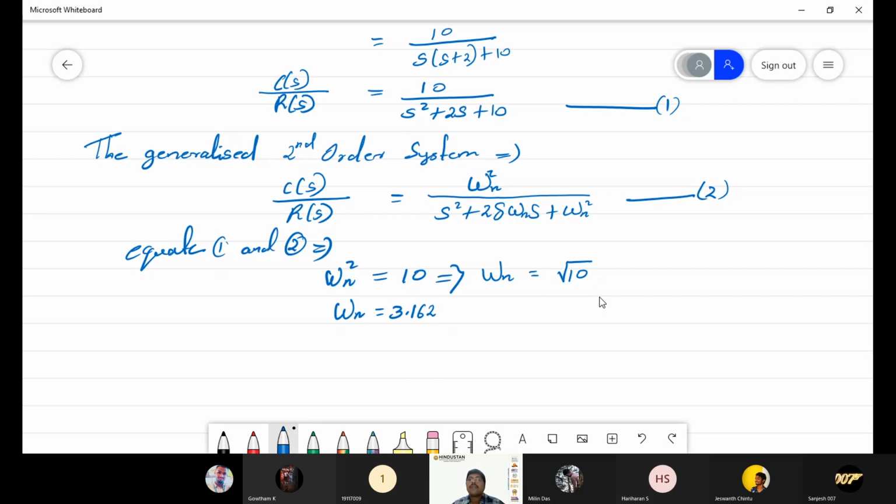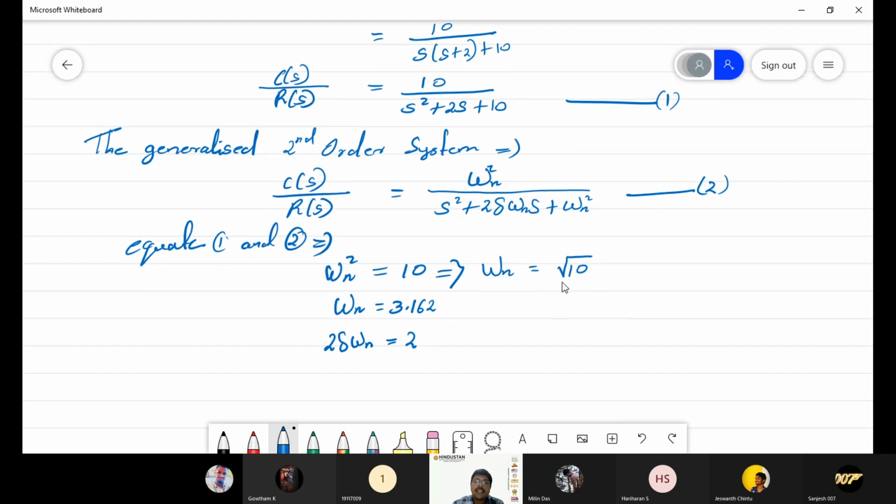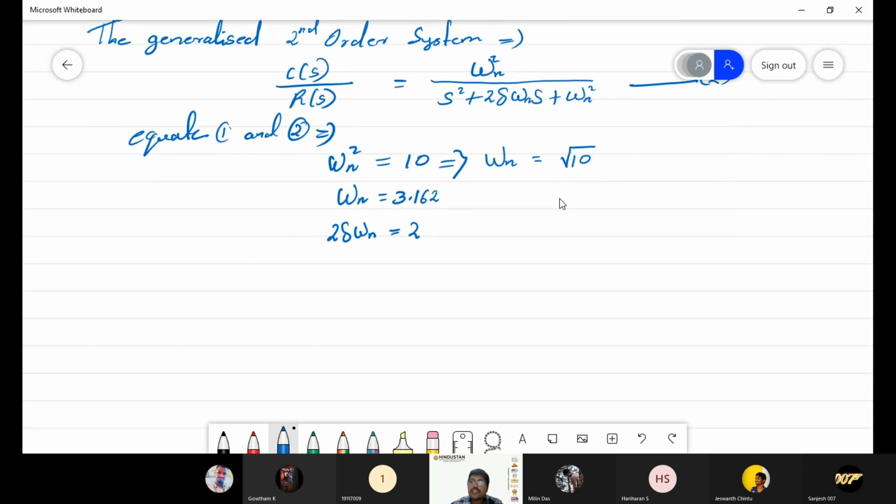So this value we got, and similarly we can equate other things. Here 2 delta omega n into s is given. Therefore we can write 2 delta omega n, that is the coefficient of s, and here the coefficient of s is equal to 2, right? Therefore from this we can find the delta value, that is the damping ratio, because omega n also we know.